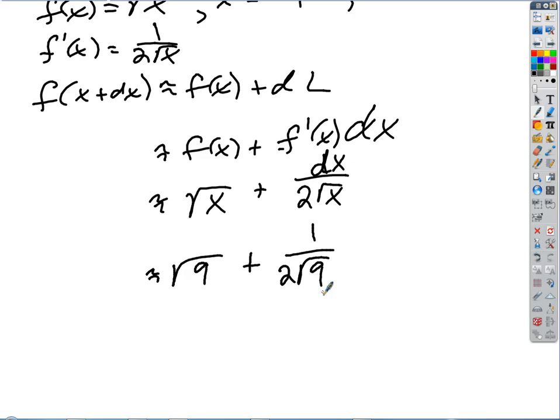That's okay. So see if you can do this one. Approximate the square root of 24. So what's the function going to be?